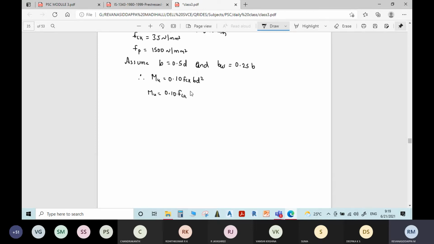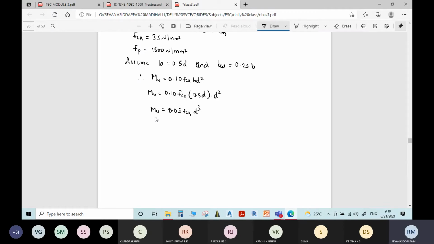I will substitute here 0.5 d into d square. Therefore Mu is equal to 0.1 into 0.5, it will be 0.05 FCK d into d square, d cube, right?